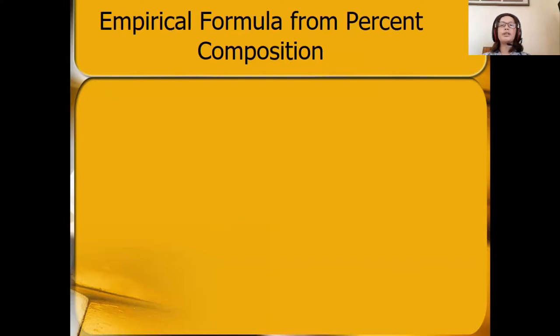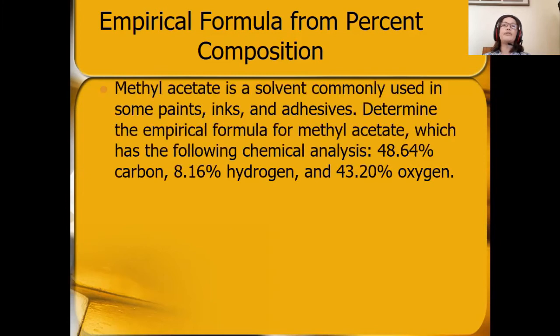The second is you get the moles by applying the formula mass over the molar mass. The third is to get the mole ratio, where the moles of each element are divided by the moles of the element with the smallest amount, and then use that mole ratio as the subscripts to determine the empirical formula.